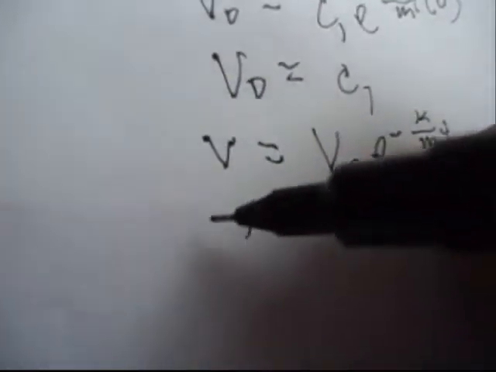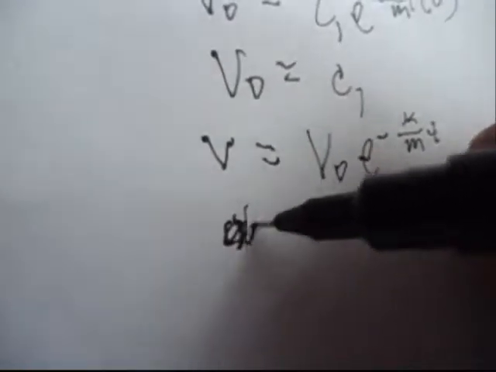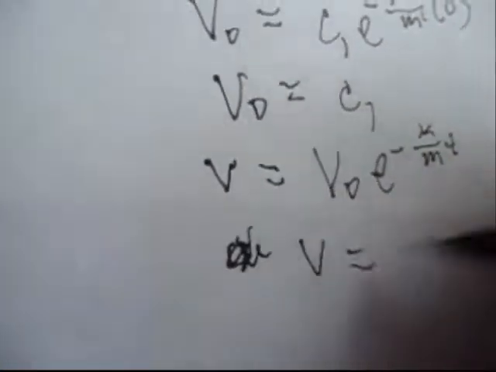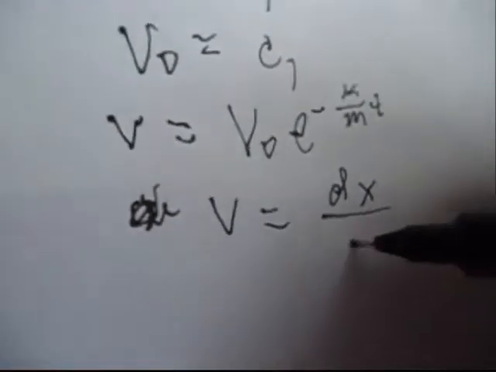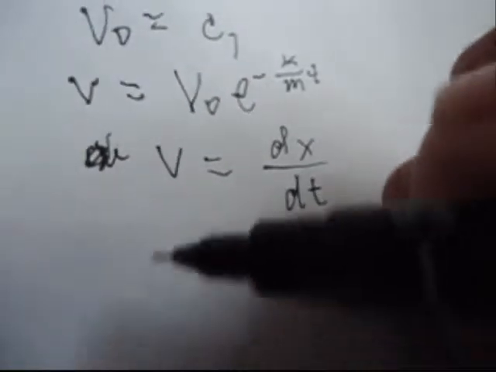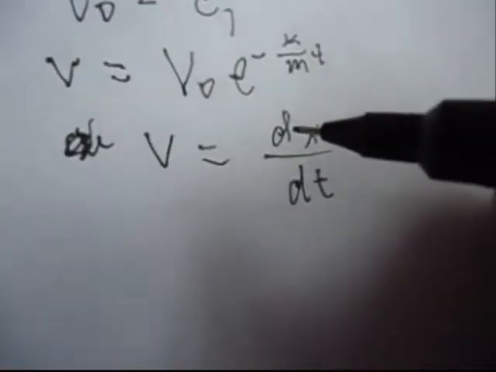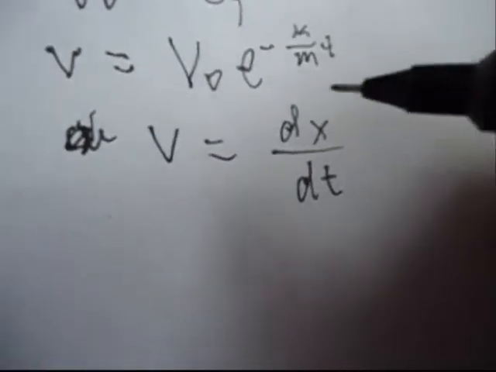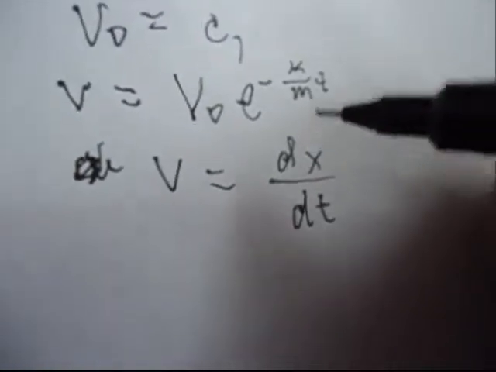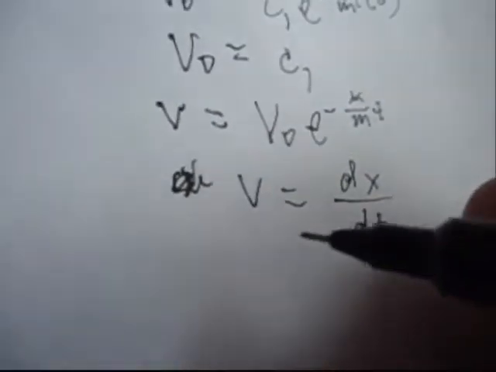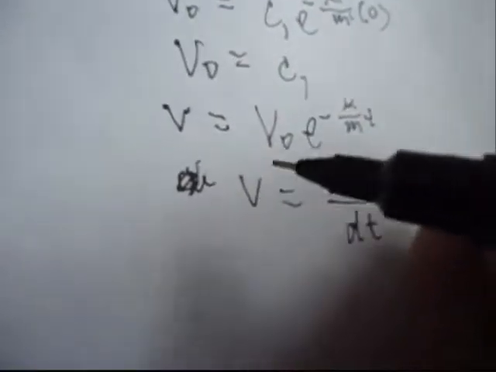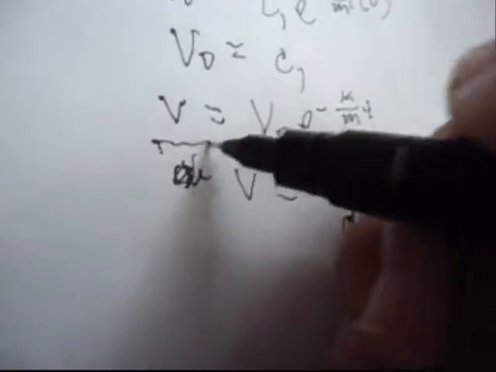Recall that v is equal to dx over dt, the change in position at time t. So now we will substitute this value for v in this equation.